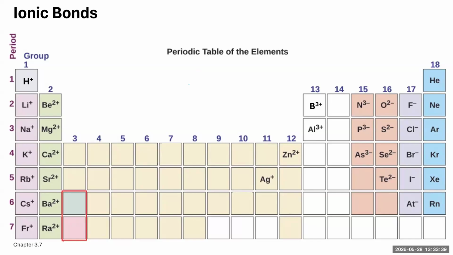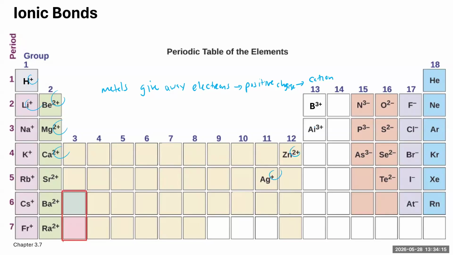Okay, ionic bonds again happen between metals and non-metals. Metals give away electrons, so they're going to be positive charge, and that's going to be cations. That's why you see all these positives on the left side.